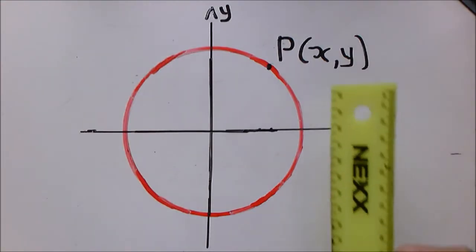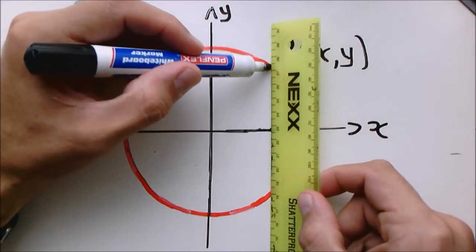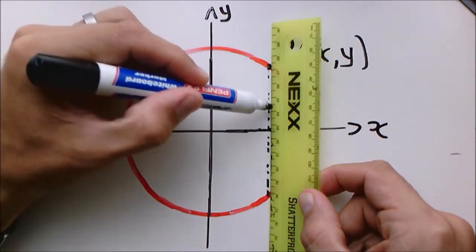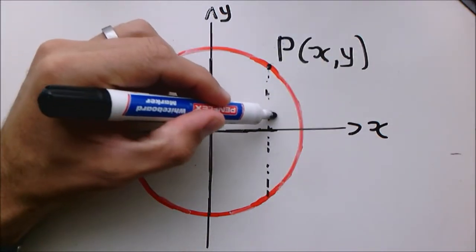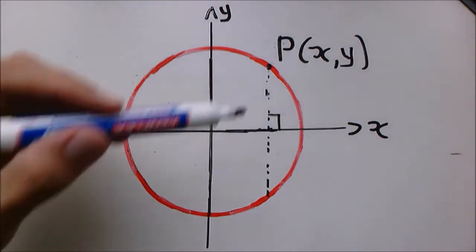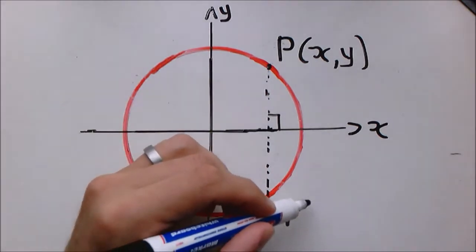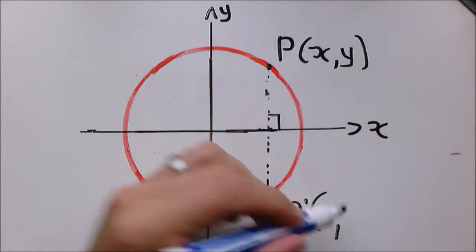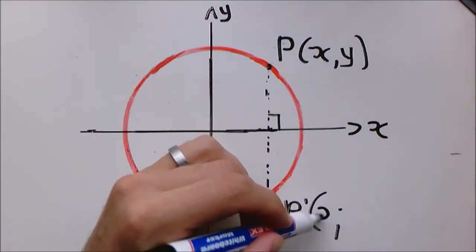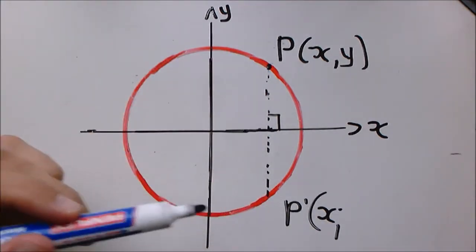regarding symmetry. If I draw a vertical line from this point, you will agree that it forms a right angle with the x-axis, and you'll also agree with me that for this new coordinate, the x will always be the same because it's a vertical line.